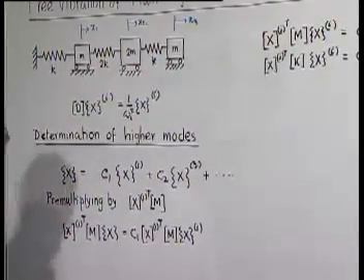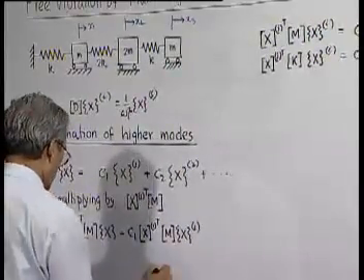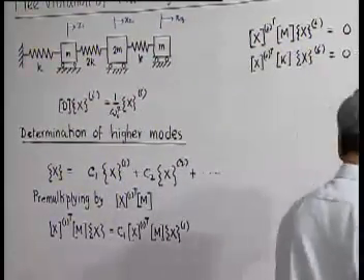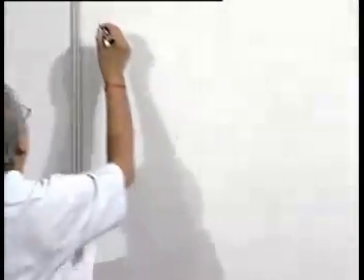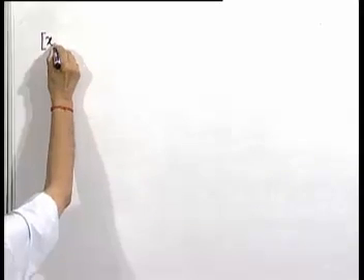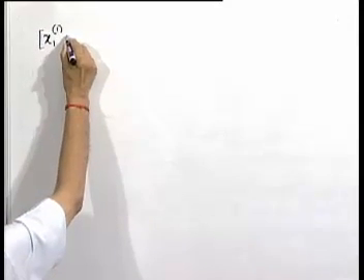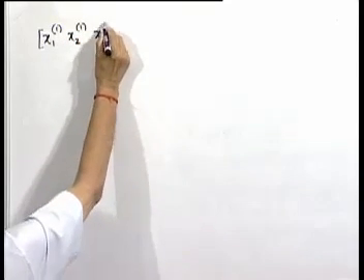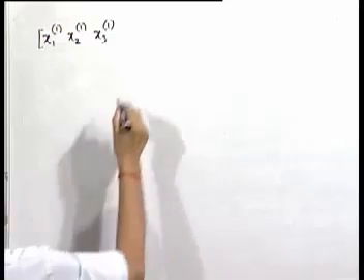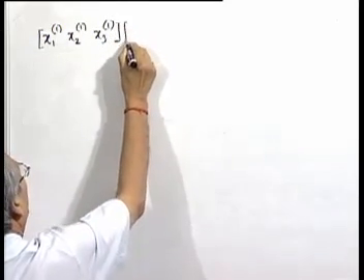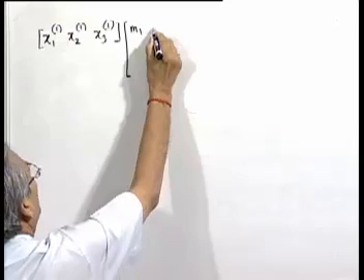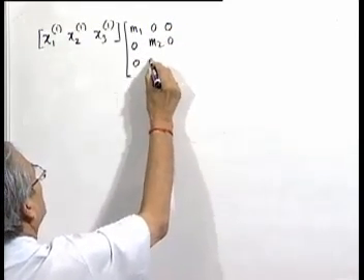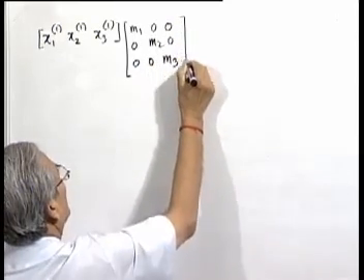And now, I will again take this example. This example will give us x1 for mode 1, x2 for mode 1, x3 for mode 1, with m1 0 0, m2 0 for a 3-degree freedom system.